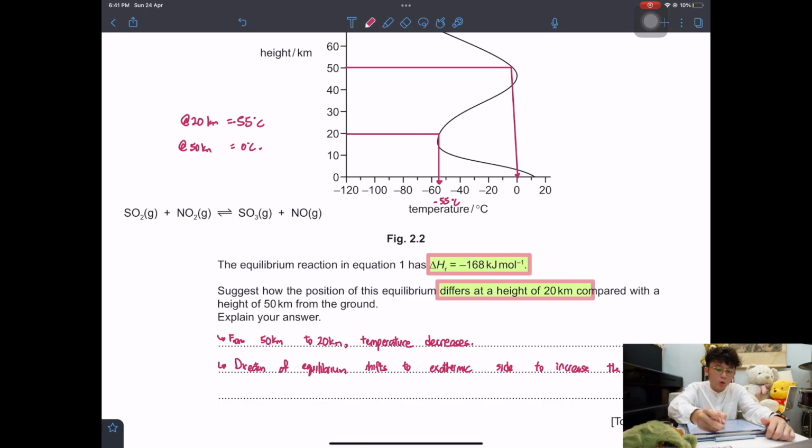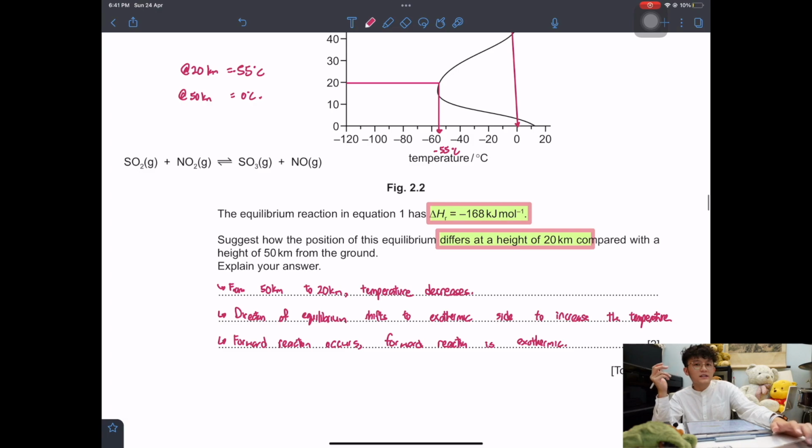I know that the forward reaction for this reaction is negative, exothermic. So the direction will shift to the right, and the forward reaction occurs. Why is it so? Because the forward reaction is exothermic, right?